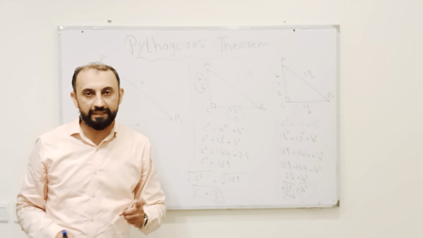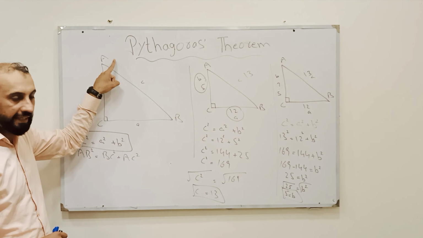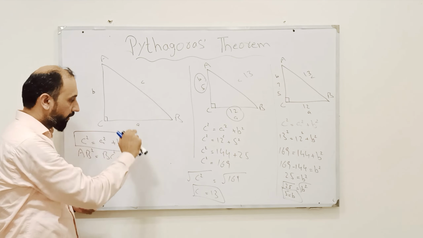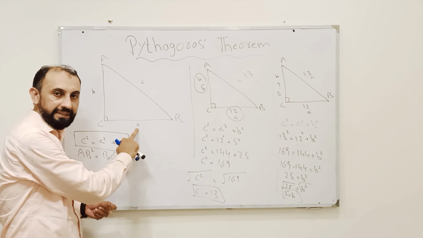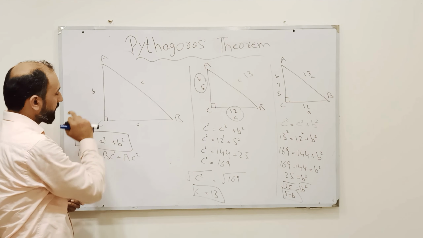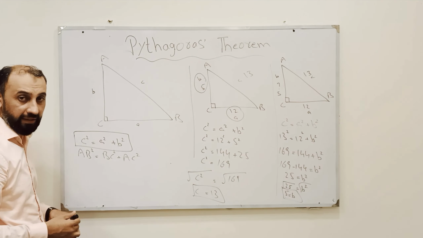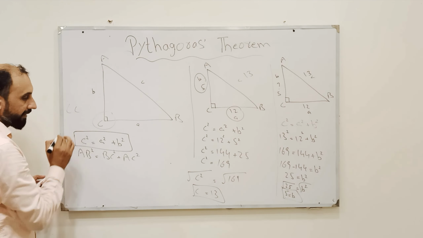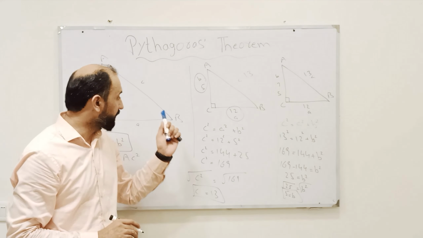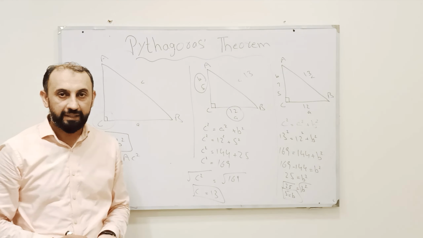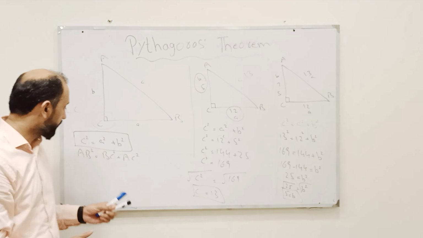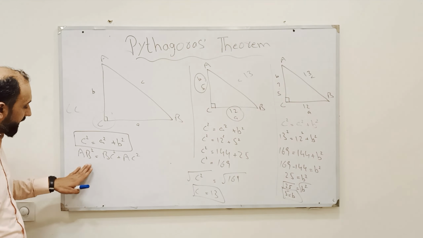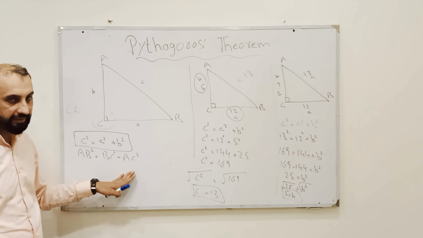A and B, you mark the side C. C and B, you mark the side A, and A and C you mark the side B. So in this triangle, the right angle is angle C. Angle C is the right angle and the largest angle, and the side opposite to C, AB, is the hypotenuse. Now the formula is C square is equal to A square plus B square. We can say that AB square is equal to BC square plus AC square.